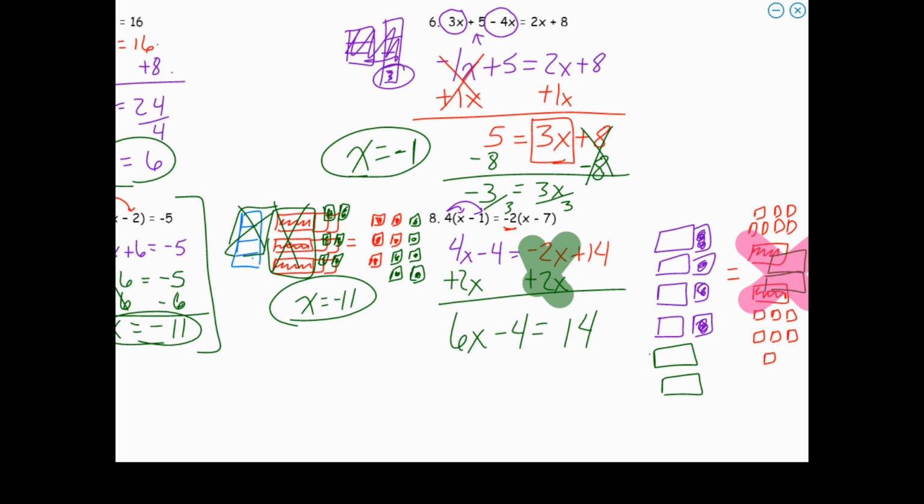How do I get rid of these negative 1s on this side? Zero them out with the same amount on the other side, but I need to make them positives. So I added 4, got to add 4 to the other side. It didn't change my x's at all. It only changes how many 1s I have on the other side, because it canceled all of those out.